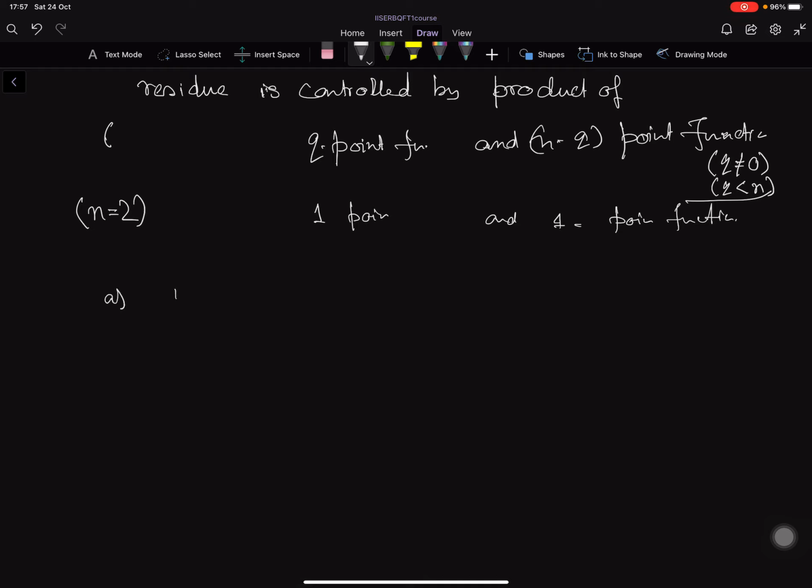Let's summarize. One, there will be poles in some subset of frequency space variables.